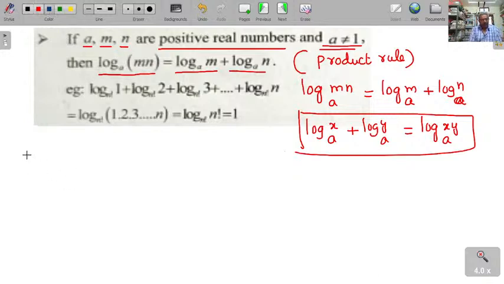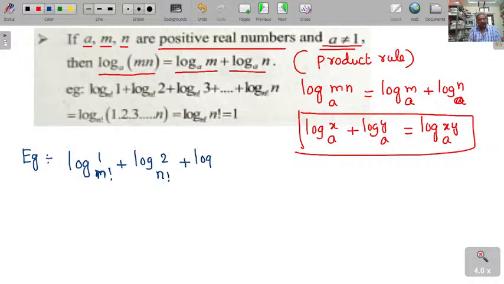See, for example, here: logarithm of 1 to the base n factorial plus logarithm of 2 to the base n factorial plus logarithm of 3 to the base n factorial, and so on, plus logarithm of n to the base n factorial.